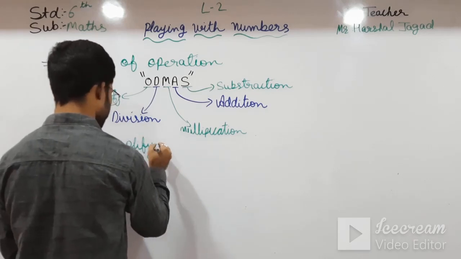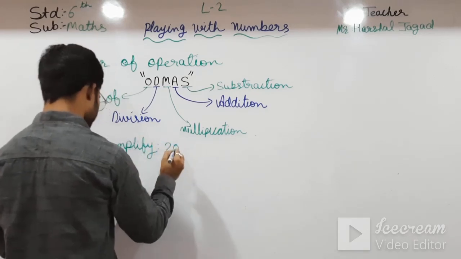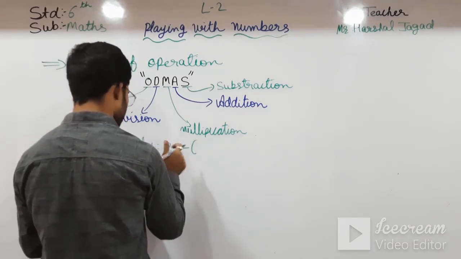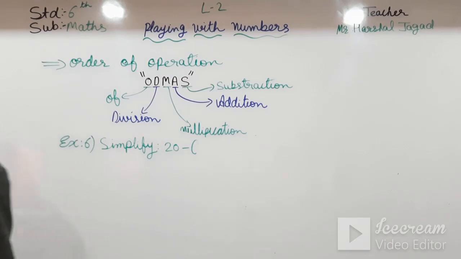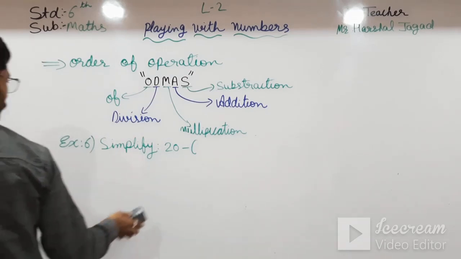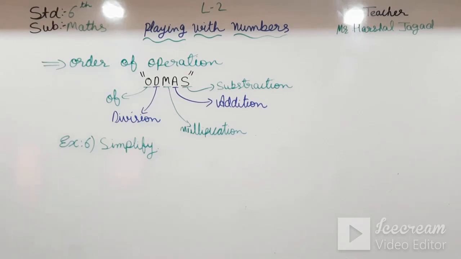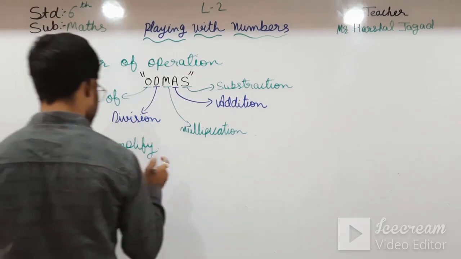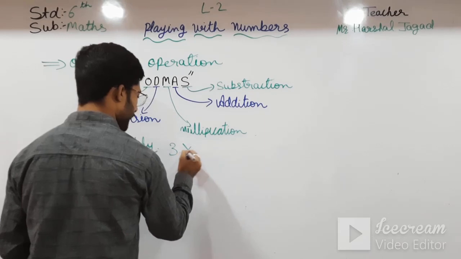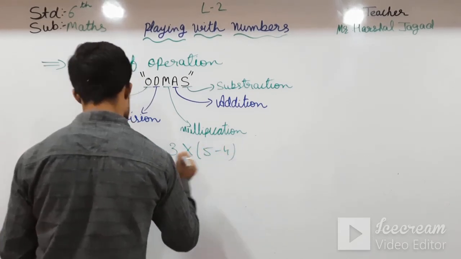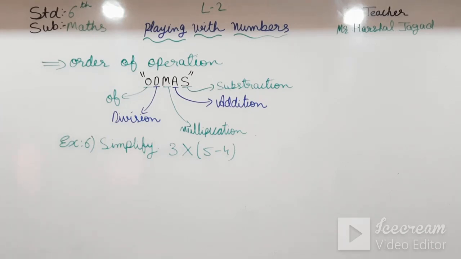Sorry, I was writing the example 5 equation only. We have to do example number 6, that is 3 into, in the bracket, 5 minus 4. 3 into 5 minus 4.